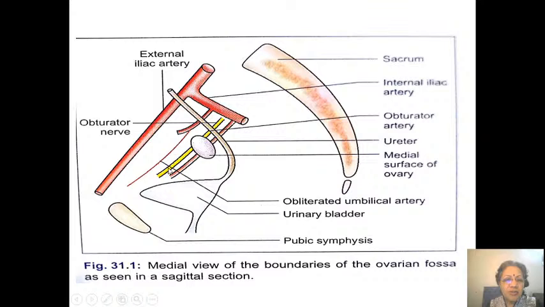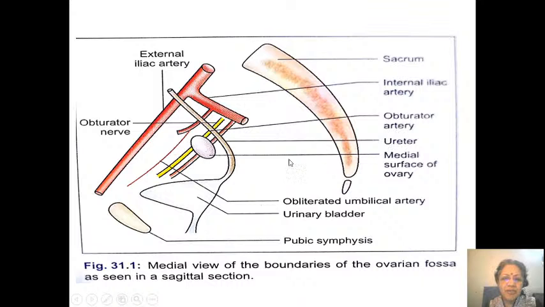That's the obturator nerve, the obturator vessels, the obliterated umbilical artery which is connecting to the vesical artery. This is the urinary bladder and ureter, right? Not uterus and fallopian tube. So if you're looking at an exact midline section, this ovary is tucked in laterally, it is deeply placed, and the structures which are related to it within the ovarian fossa are as noted.